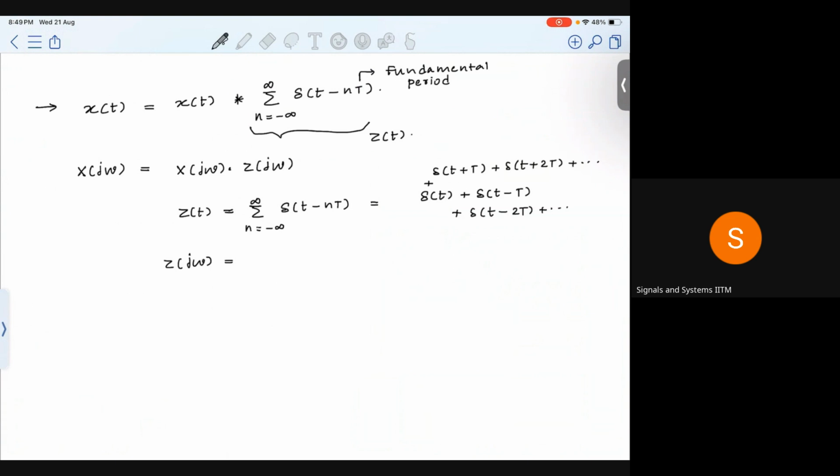And again, Fourier transform is linear, so this would be Fourier transform of del of t plus Fourier transform of del of t minus T plus and so on, plus Fourier transform of del of t plus T and so on. Think what happens to this Fourier transform.